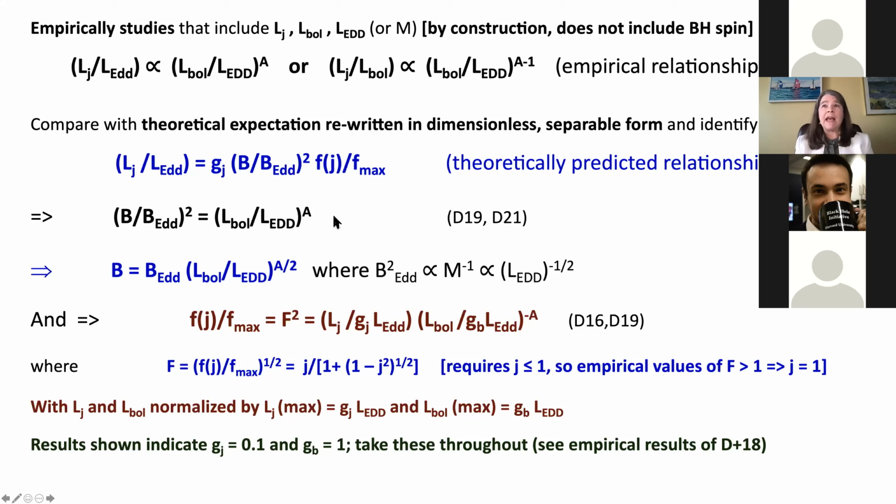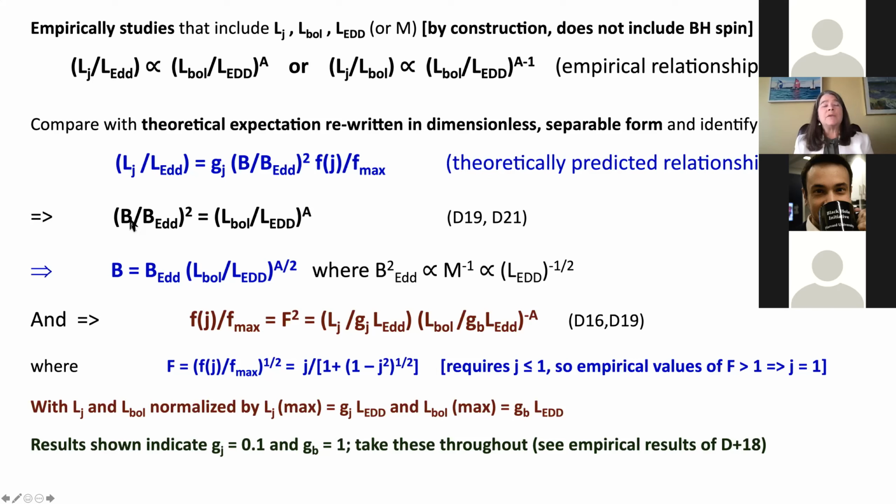Now, I should say that in the original papers, the 2016 and 2019 papers, there are a few other ways to arrive at the same conclusion that do not rely on this identification. So this is a simple, easy way to find this result and understand this result, but there are other ways to arrive at the same conclusion.